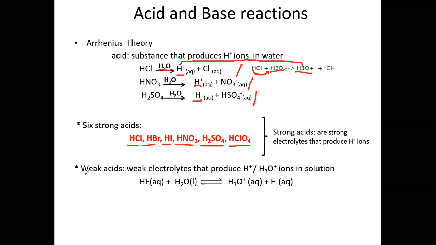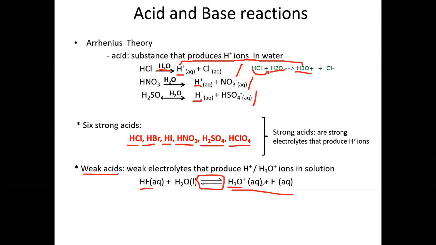But for weak acids, and there are lots of weak acids, they are weak electrolytes, and they have this double-headed arrow indicating that both sides of the reaction are present. You have molecules and you have ions. And again, when you put HF in water, you form the H3O+ ion. So it's still classified as an acid.